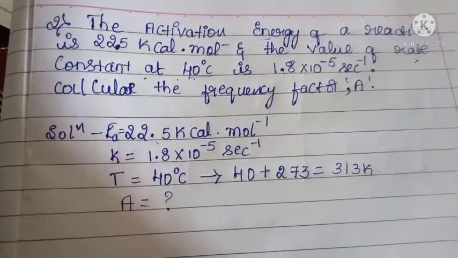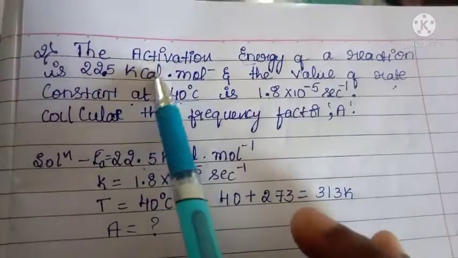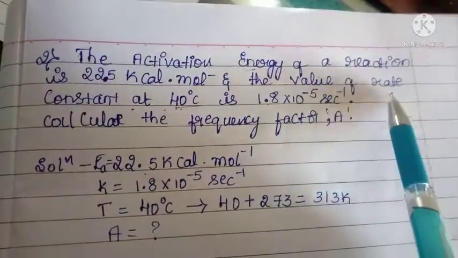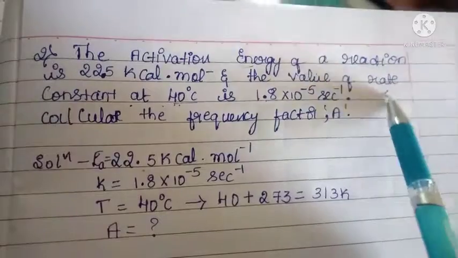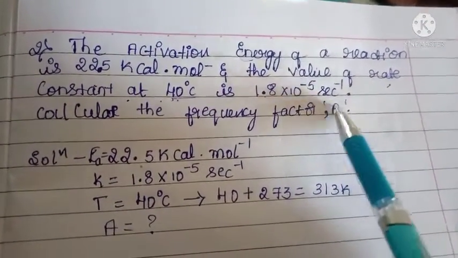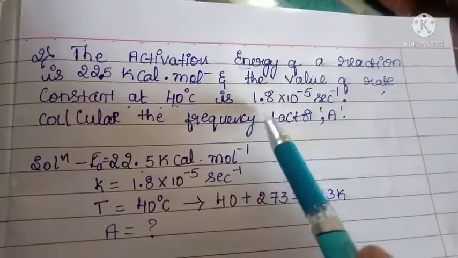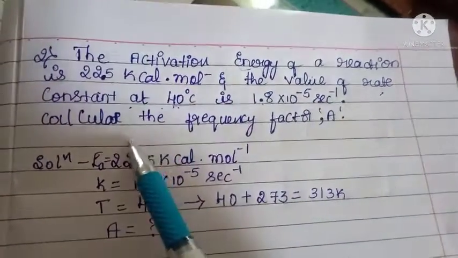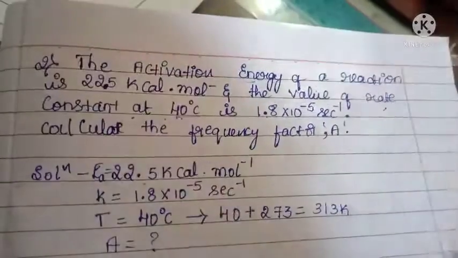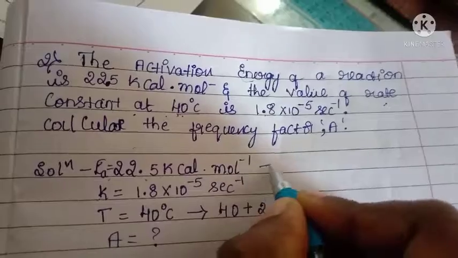Okay, then we have to calculate A, the frequency factor or Arrhenius constant. Here they have given the activation energy and the value of rate constant. Rate constant is 1.8 into 10 to the power of minus 5 second inverse at 40 degree Celsius. So then calculate the frequency factor. Here this 22.5 kilocalorie per mole should be converted to calorie per mole.